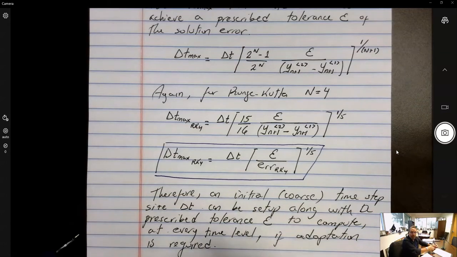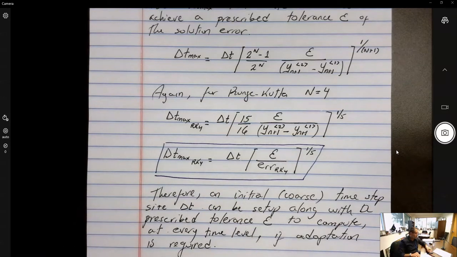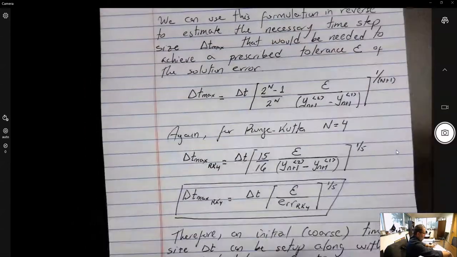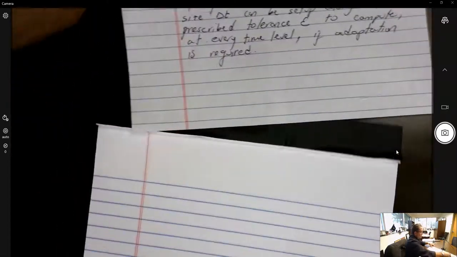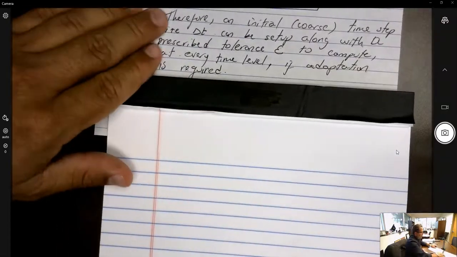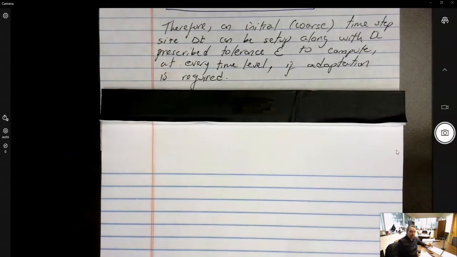Again, it will be required if the delta t max is smaller than the delta t that you use. So this is another addition to the algorithm. You have to add a conditional, you have to add a question.